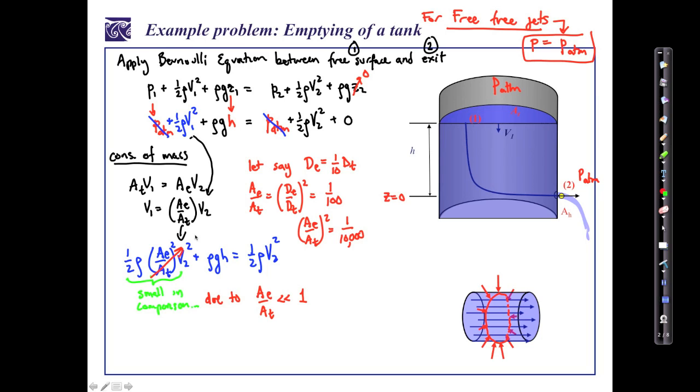It's negligibly small. So it's reasonable to neglect that. We don't want to needlessly complicate things we don't have to. And so then the remaining terms give us simply V2 is equal to the square root of 2GH.